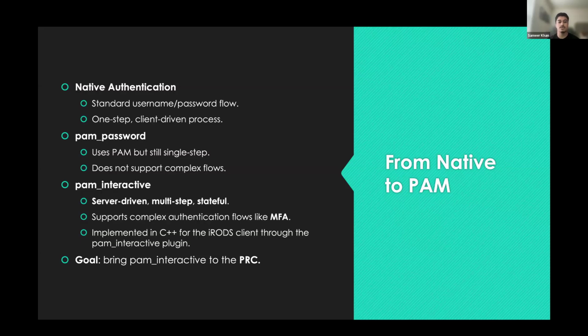And this does not allow for complex flows. And then lastly, we have PAM Interactive, and this is a server-driven, multi-step, and stateful process. And this allows for more complex authentication flows like multi-factor authentication. And currently, this is implemented in C++ for the iRODS client through the PAM Interactive plugin. And the goal of my project was to bring this to the Python iRODS client.